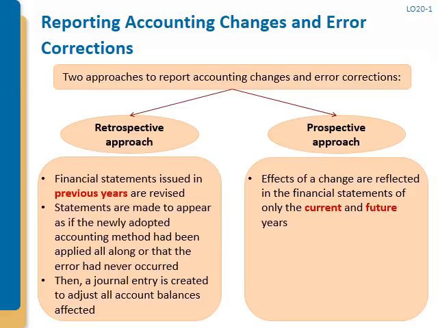In addition, if retained earnings is one of the accounts that requires adjustment, the adjustment is made to the beginning balance of retained earnings for the earliest period reported in the comparative statements of shareholders' equity. The retrospective approach offers consistency and comparability.